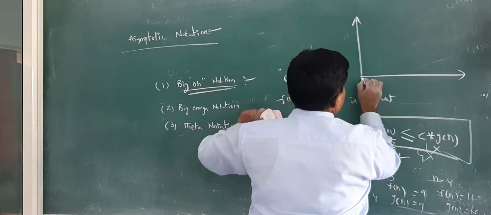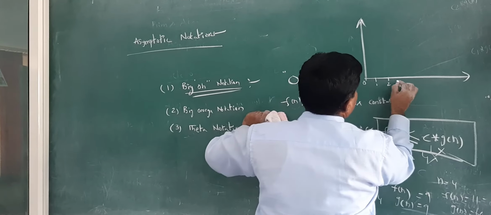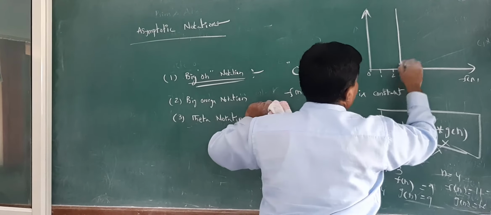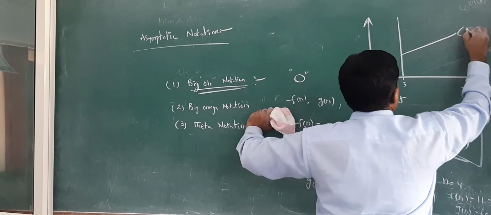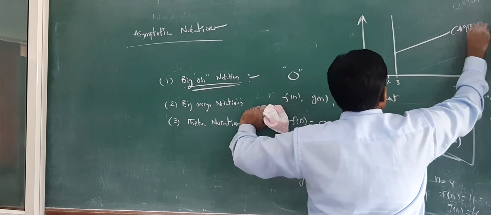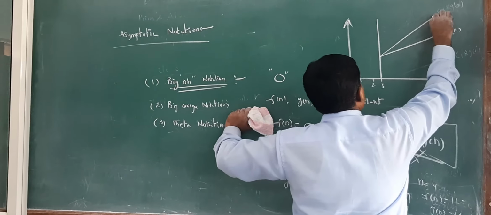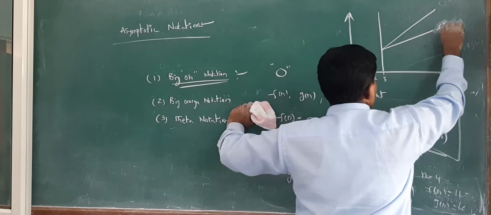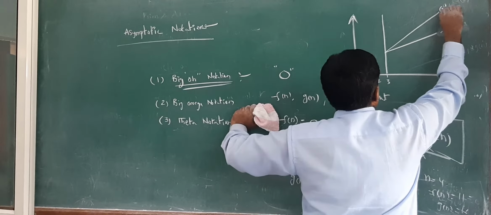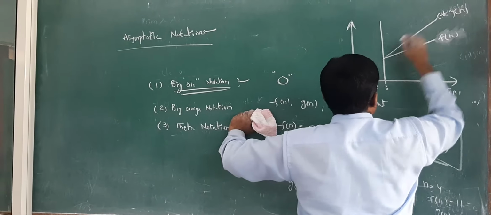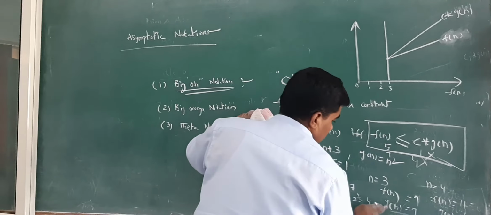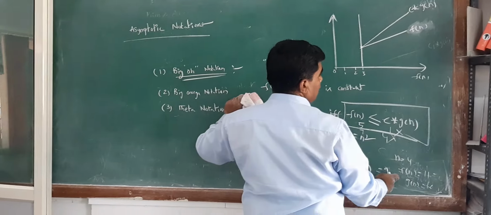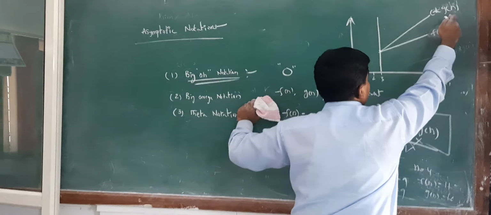Here from n equal to 3 onwards it satisfies our constraint, c star g of n should be greater than f of n. At n equal to 3 both are equal, and from n equal to 4 onwards c star g of n is greater than f of n.